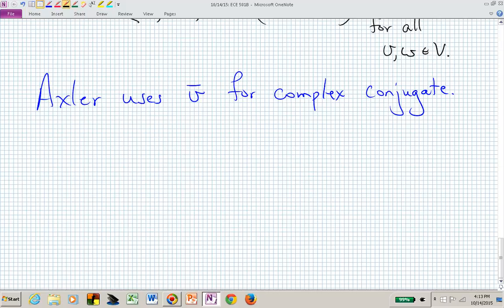Now, if we restrict our attention to dealing with the real vector space, what do we know is going to happen when we start conjugating things?